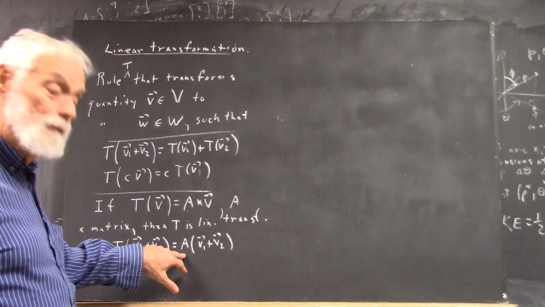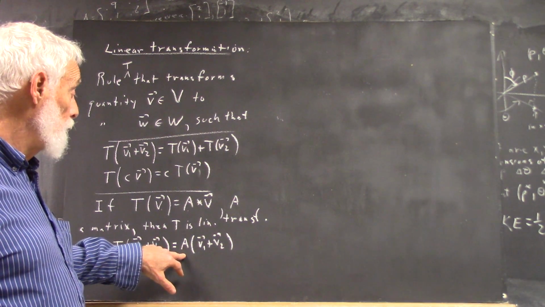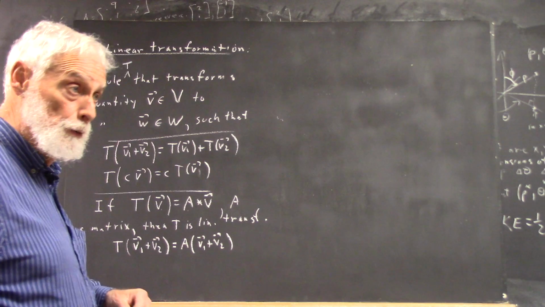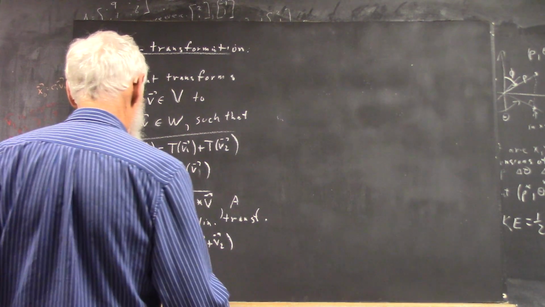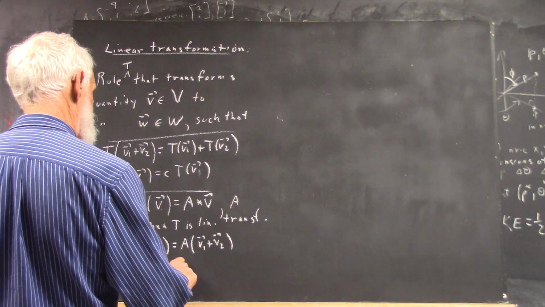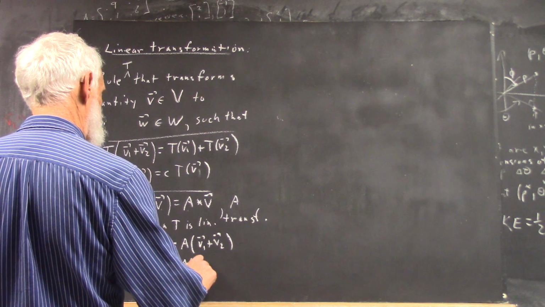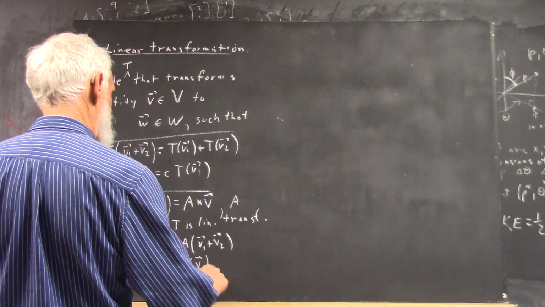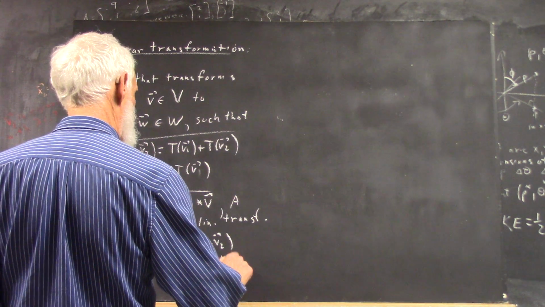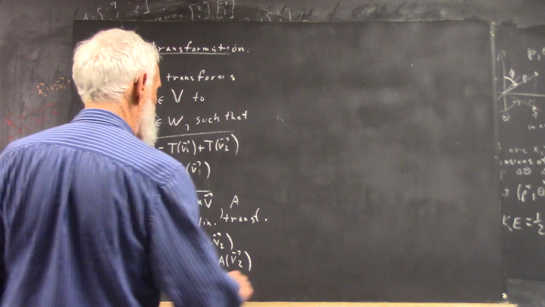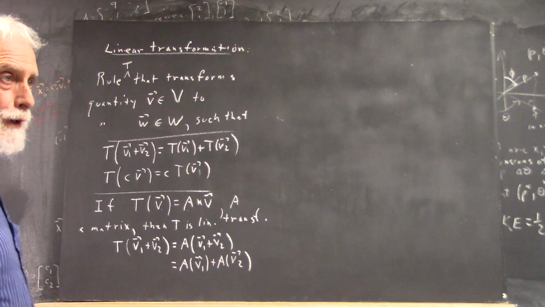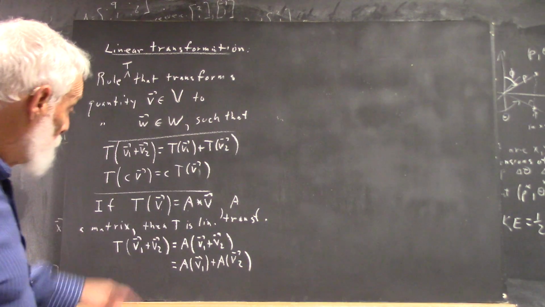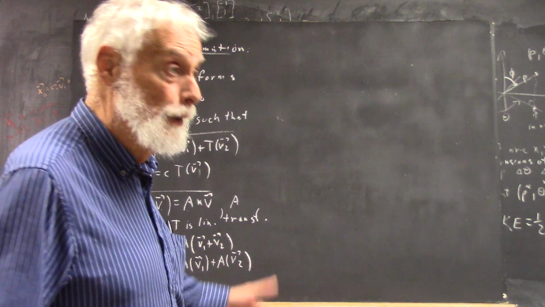So it's going to be equal to what we get when we multiply the matrix A by V1 plus V2. And what's that equal? It's equal to this, since A is a matrix. We know a matrix does that, right? We've proven that.